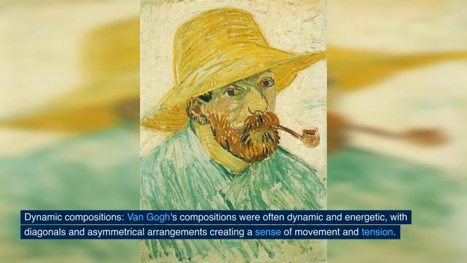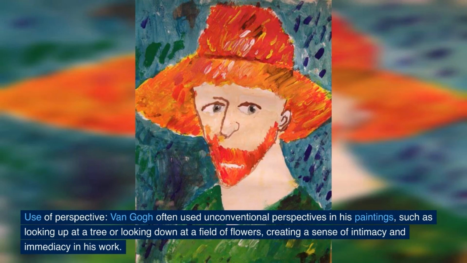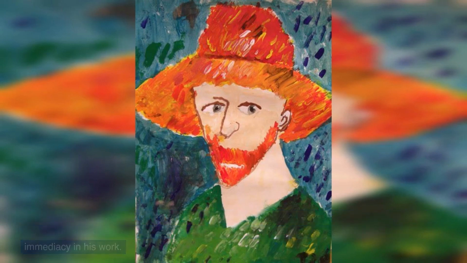His compositions were often dynamic and energetic, with diagonal and asymmetrical arrangements, creating a sense of movement as well as tension. Van Gogh often used unconventional perspectives in his paintings, such as looking up at a tree or looking down at a field of flowers, creating a sense of intimacy and immediacy in his works.